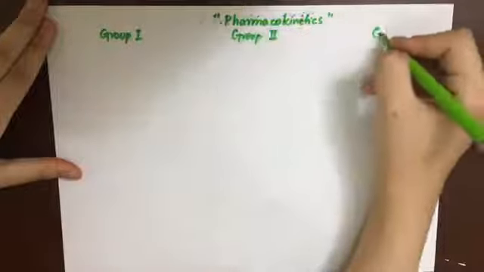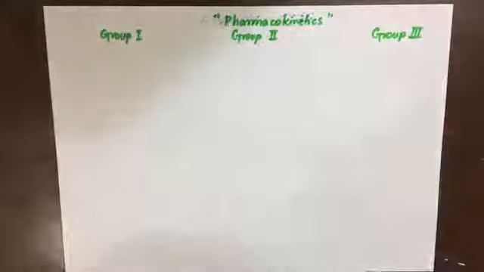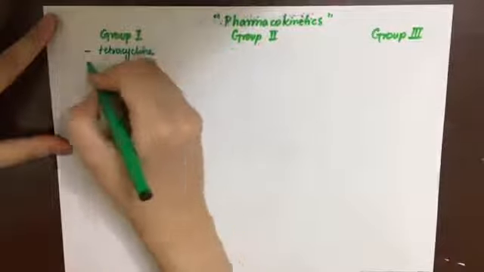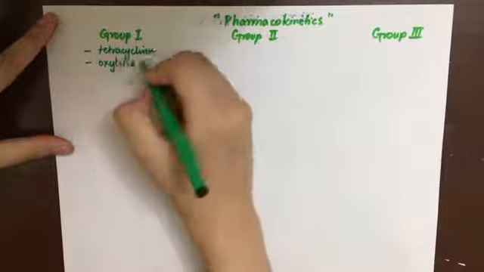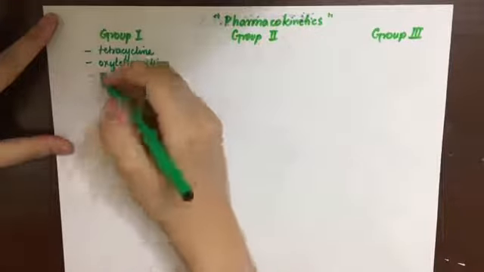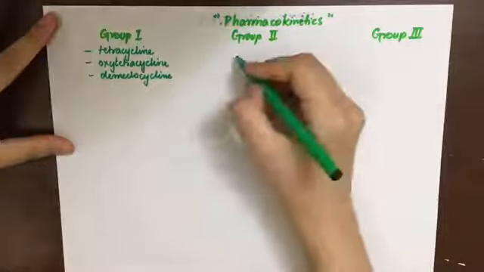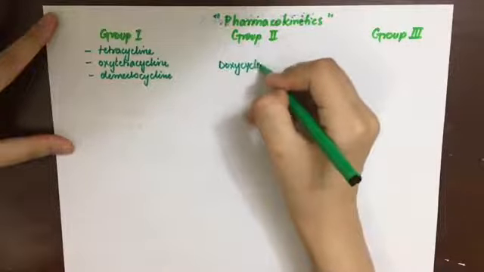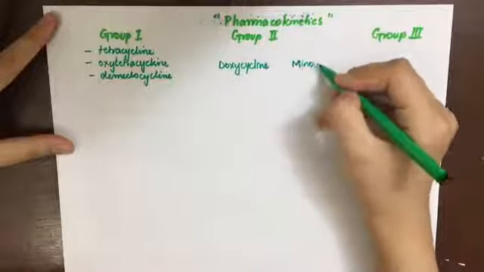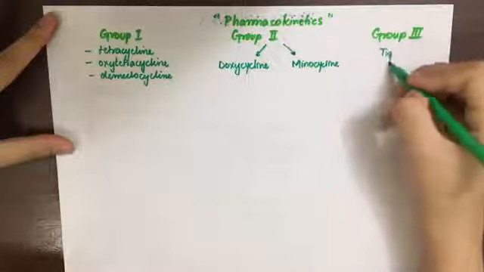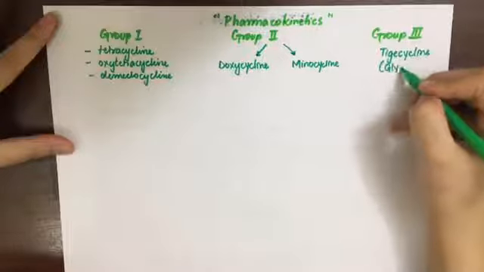To make their pharmacokinetics a bit easy to remember, we'll divide them into 3 groups: Group 1, Group 2, and Group 3. Group 1 will include the drugs tetracycline, oxytetracycline, and demeclocycline. Group 2 will include doxycycline and minocycline, while Group 3 will include tigecycline, which is actually a glycylcycline derivative.